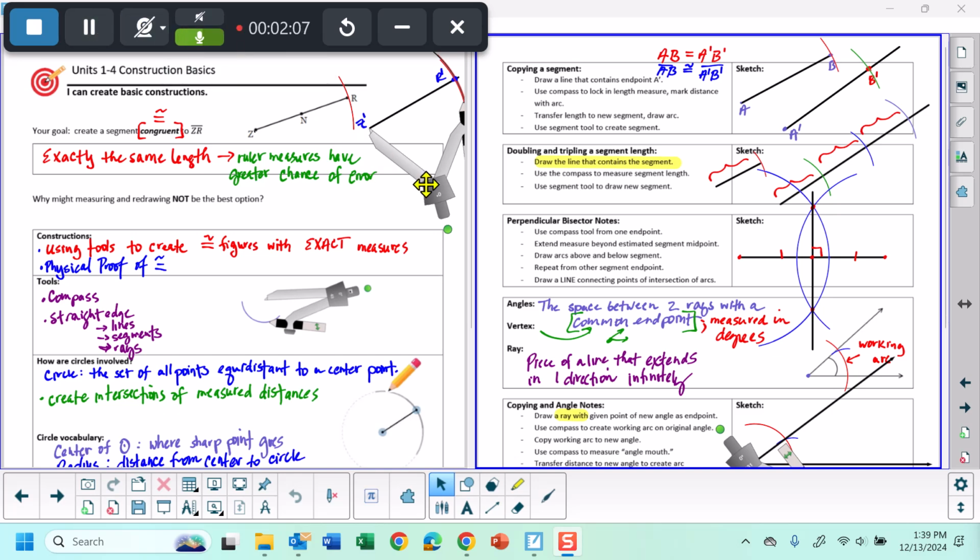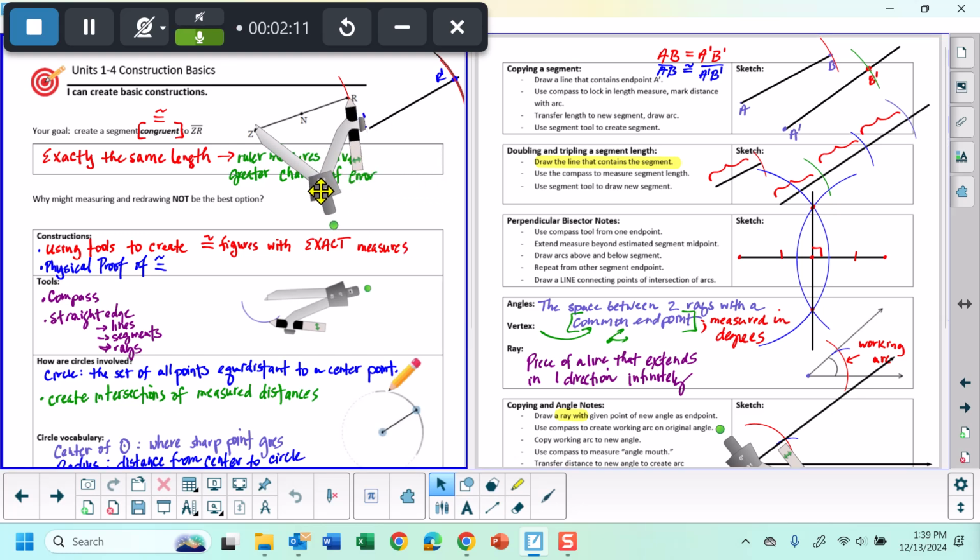And we started using this tool as a distance marker, for lack of better words. So when I measure how far away Z and R are, I can transfer that distance over to this new line, and I can know that no matter what, if I wanted to make this segment the right length, I can lock this distance in, it'll preserve it, and I can carry it over.